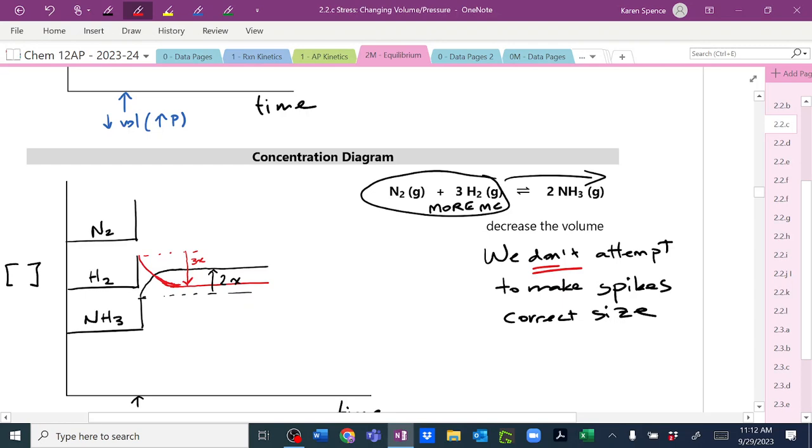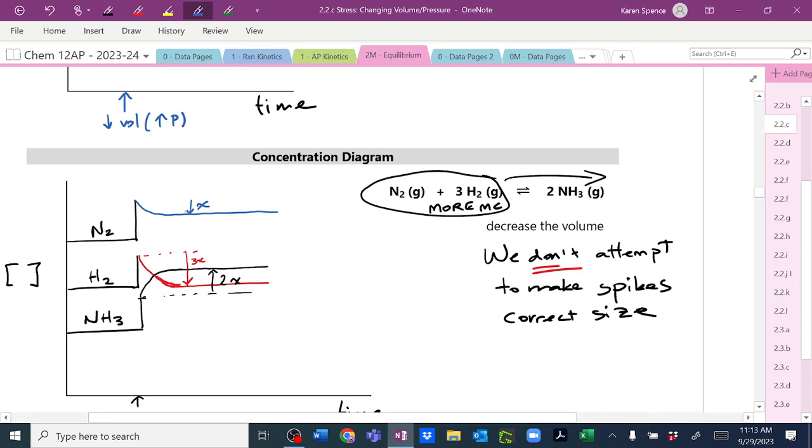Okay. And then N2 is going to go down by x. Doesn't matter where they end up relative to where they were originally.